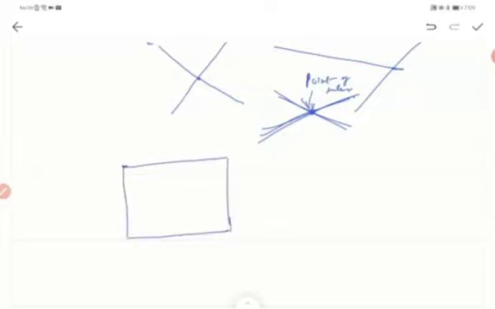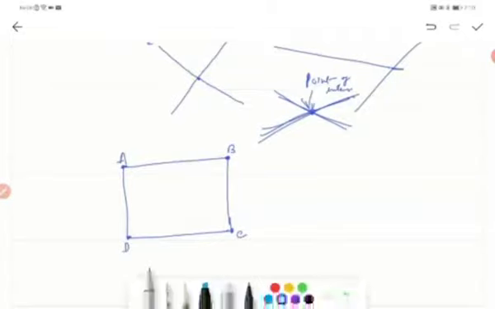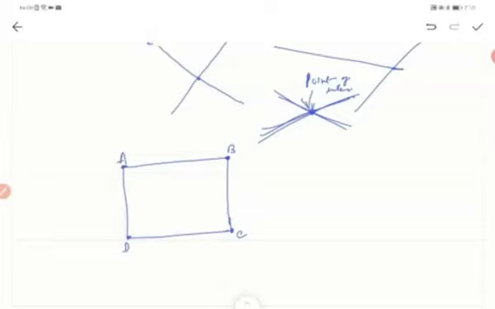I'll say four line segments. Okay, so I have A, B, C and D as the corners. Let me denote these points with black dots. This is point A, point B, point C and point D.